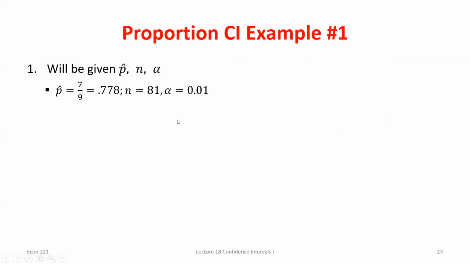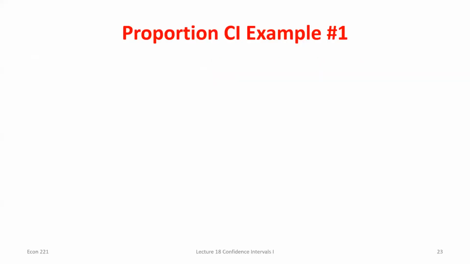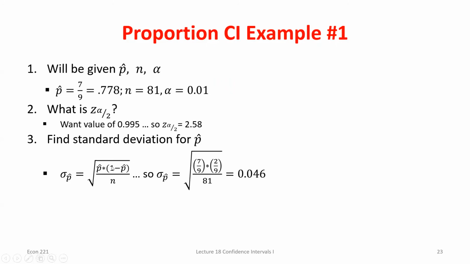From there, I've got my sample proportion, my sample size, alpha, and I look up that z value. This should not be 0.495, this should be 0.995. I just hit a typo, I must have hit 4 instead of 9 there. Once we have that z value, we could calculate the intermediate step.